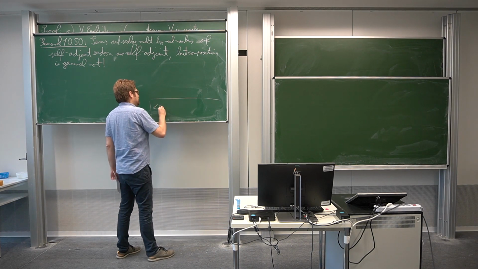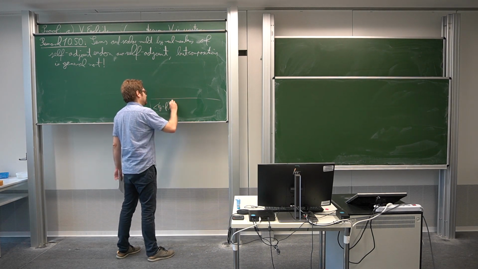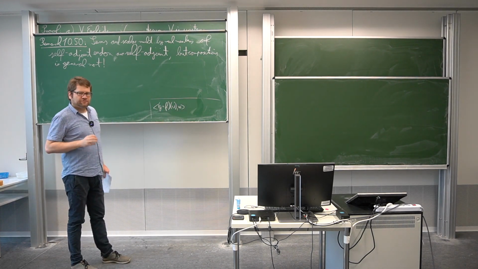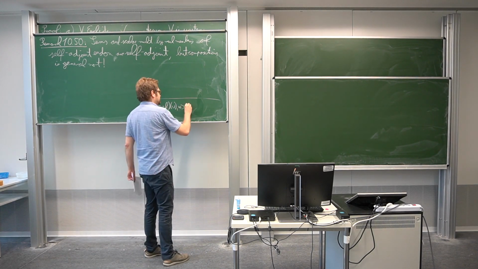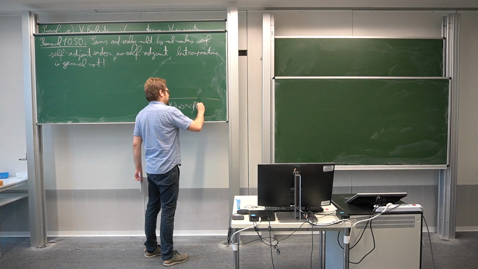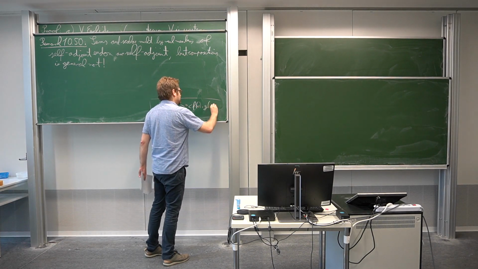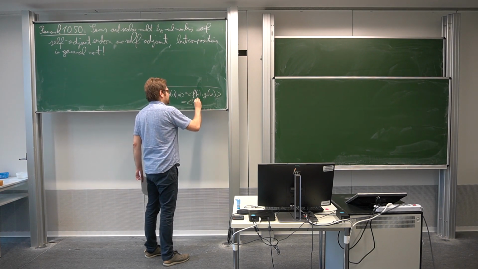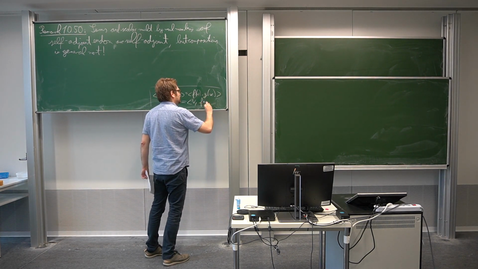So if we have g composed with f of v taken the inner product with w, if g and f are self-adjoint, then this is the same as f of v, g of w by the self-adjointness of g. Now using the self-adjointness of f, this is v comma f composed with g.